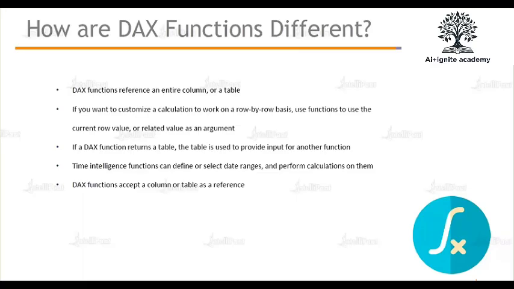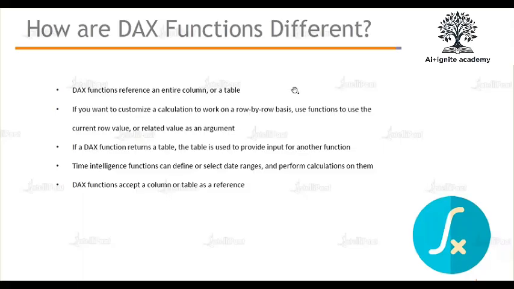But if you want to filter data using the FILTER function, then it requires a table. So in a function you have to pass parameters in the form of a column or a table. Next, if you want to customize a calculation to work on a row-by-row basis, you can use functions which execute the calculation in row context. What are row context and filter context? We'll see that in the coming slides.